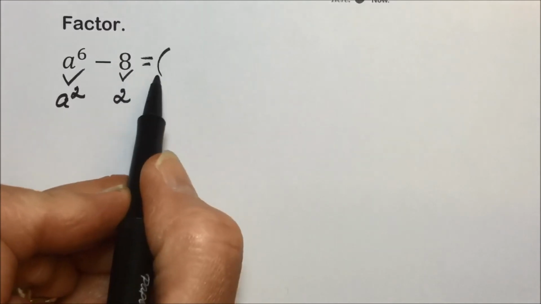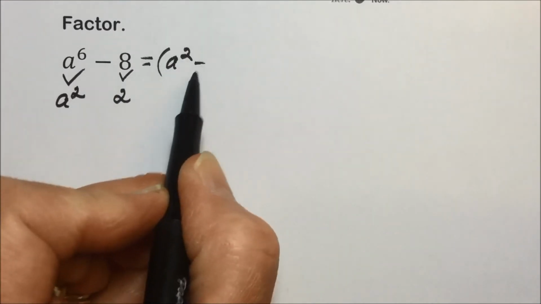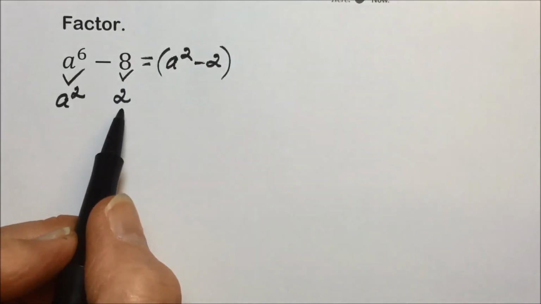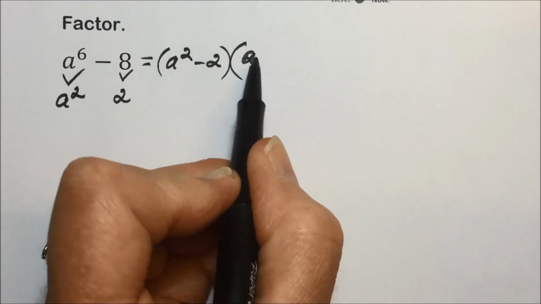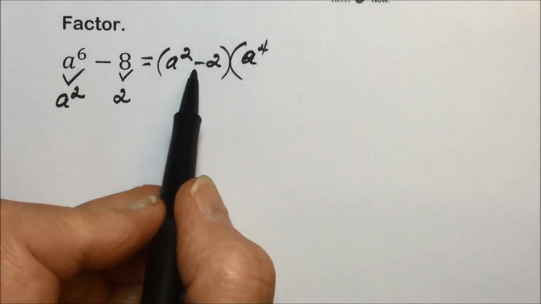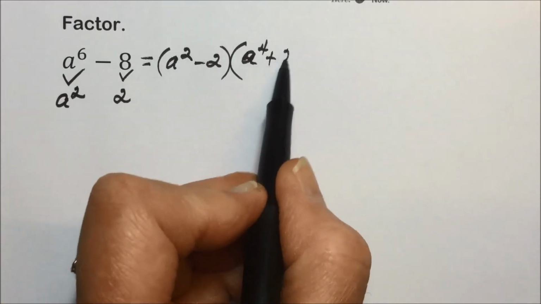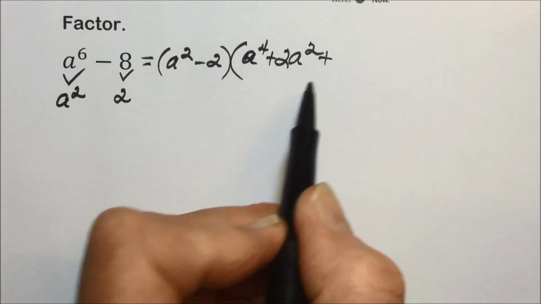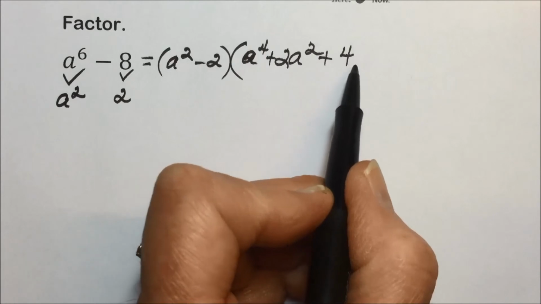So we will take the cube root of the first term, same sign, and the second cube root. Square the first, put an a first, a to the fourth power, change the sign, multiply the cube roots together, so we have a 2a to the second, and square the last term, which ends up giving us 4.